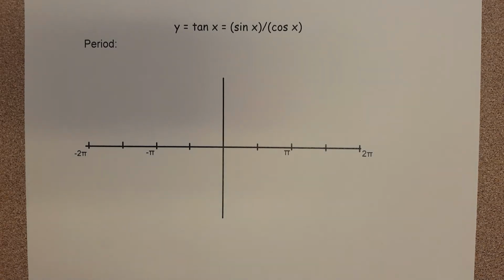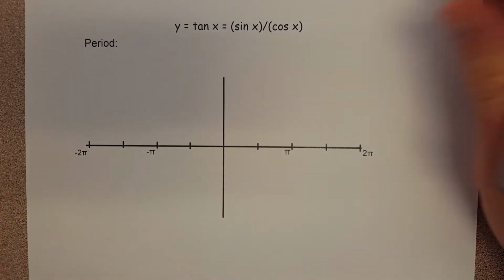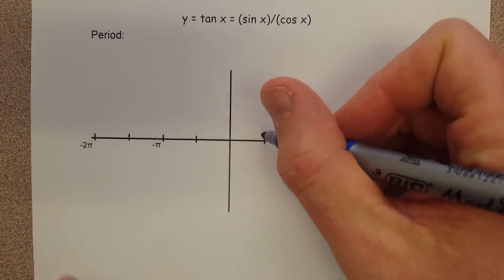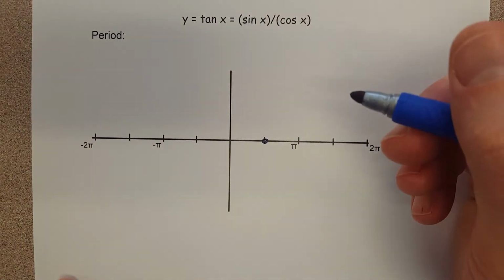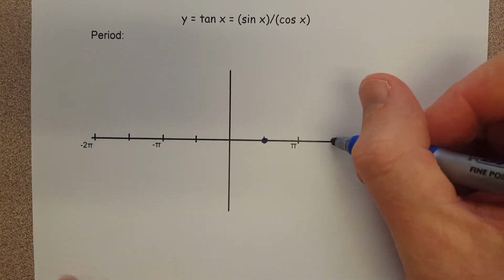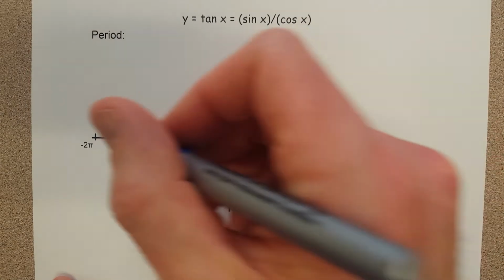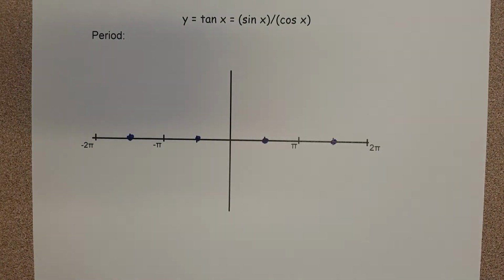So one thing that we know about cosine is that it will be 0 at pi over 2 and at 3 pi over 2. It'll also be 0 at negative pi over 2 and negative 3 pi over 2. So just keep in mind that that is one thing about it.